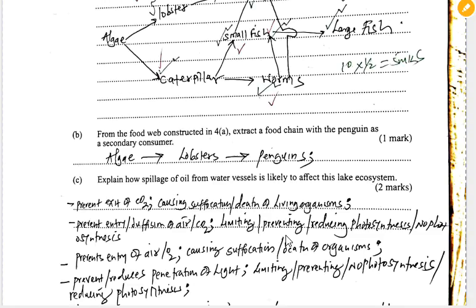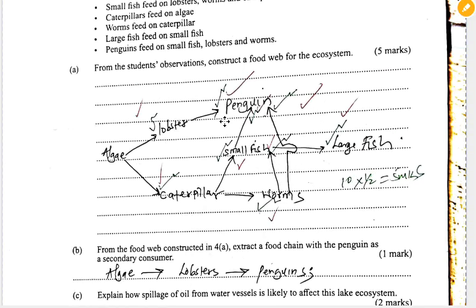Before we move to the next question, maybe on this food web you can be asked which organism has the highest biomass. In this case, biomass is the total dry weight of an organism. It is always the producers, simply because they are able to make their own food and therefore sustain the whole food web or ecosystem.